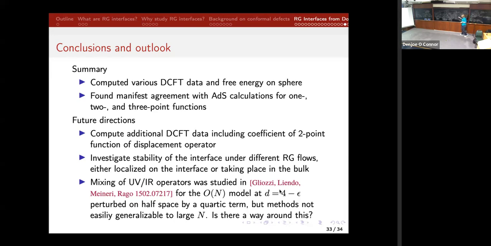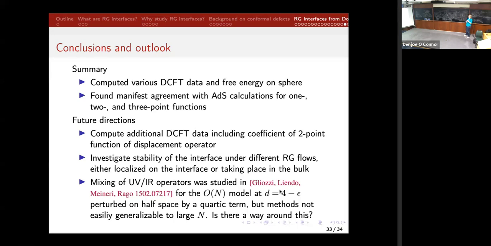So the O sigma 2-point function would just be 0. But it would be interesting to think of different RG flows that you could consider, either on the defect or taking place in the bulk.